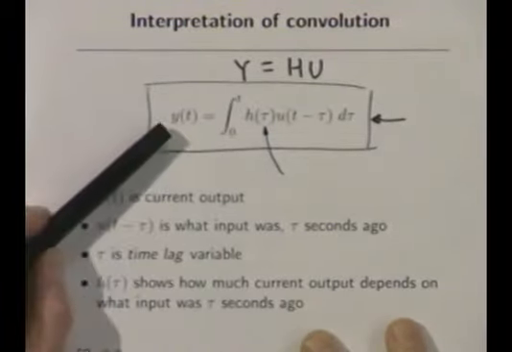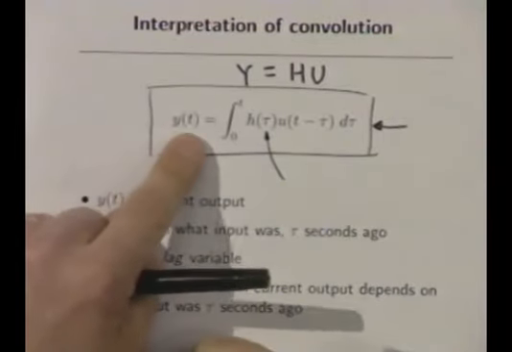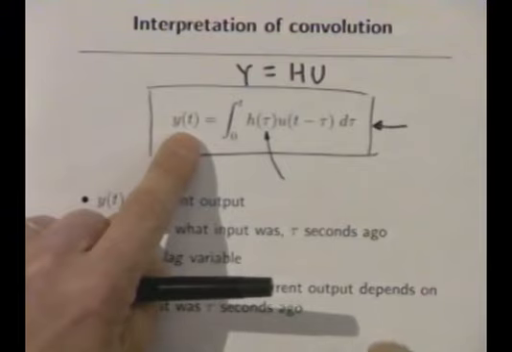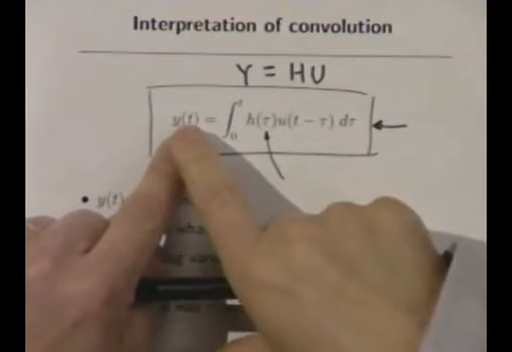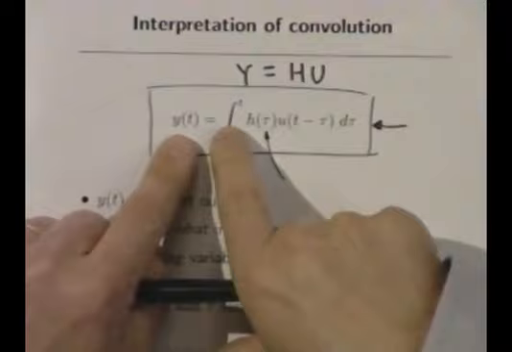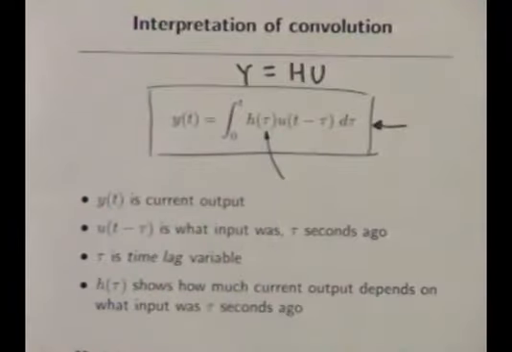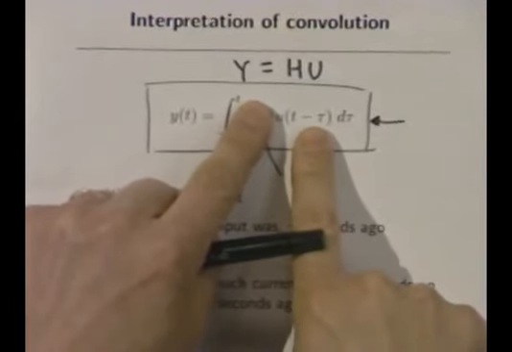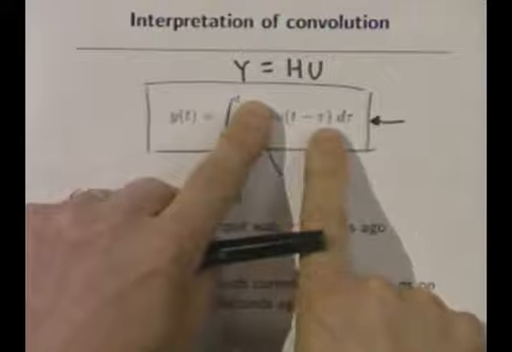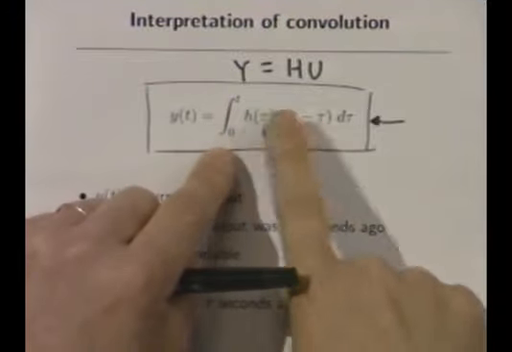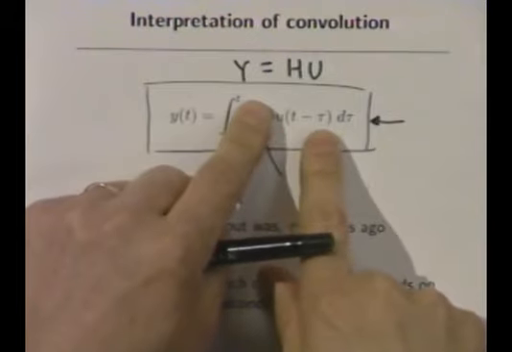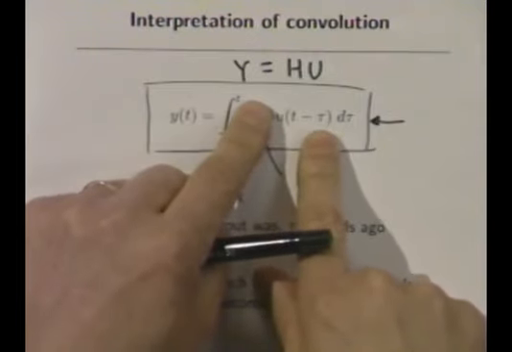So here's one interpretation. I read this formula as meaning the following. If t is the current time, then y of t is the current output, what the output of the system is now. It's an integral, which is kind of like a sum or a mixture, of what the input was tau seconds ago, as tau ranges from 0 to t. u of t minus tau is literally what the input was tau seconds ago.